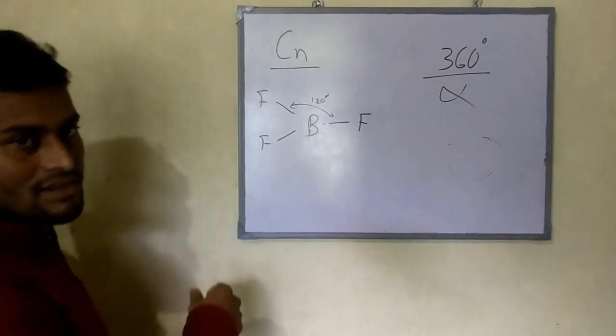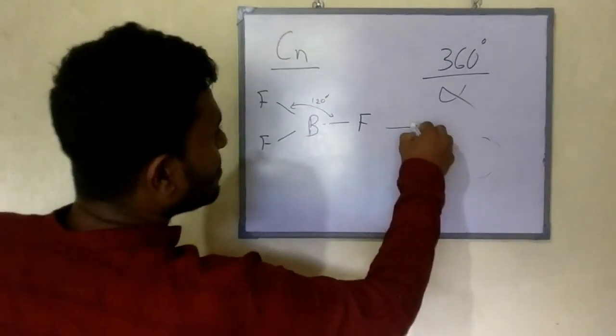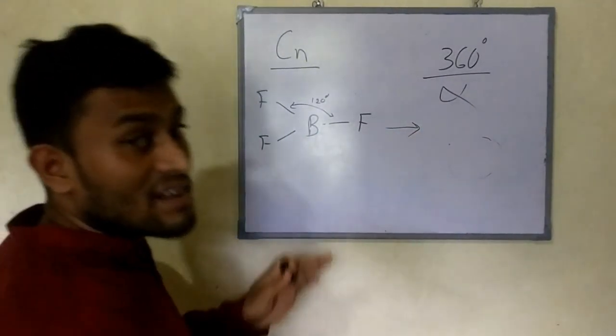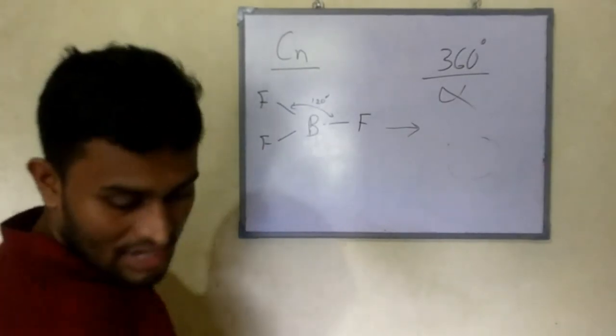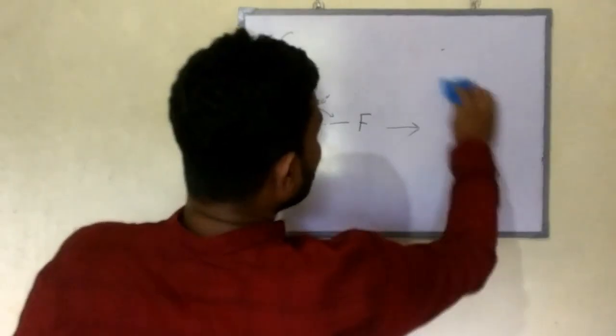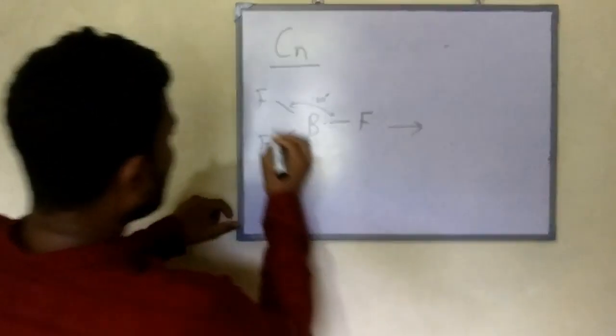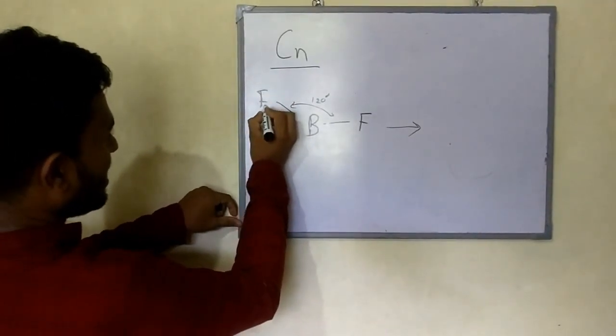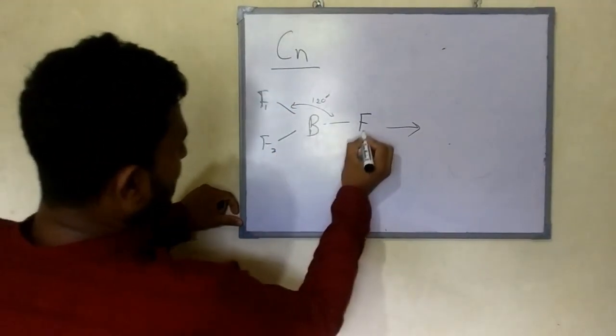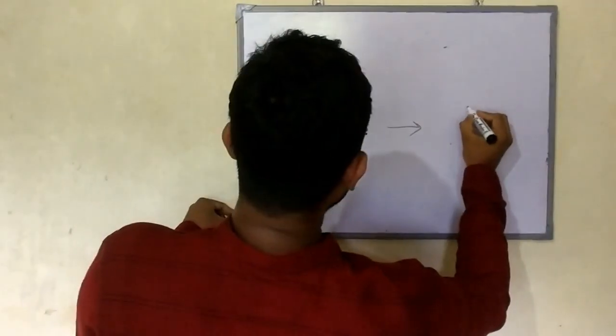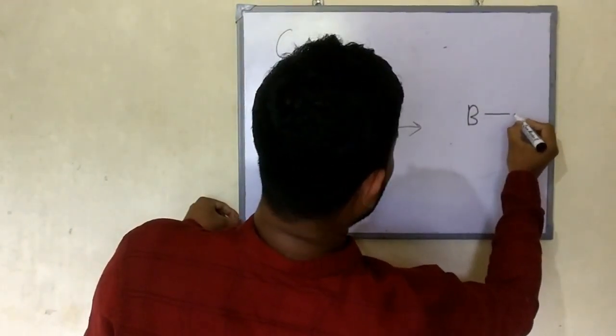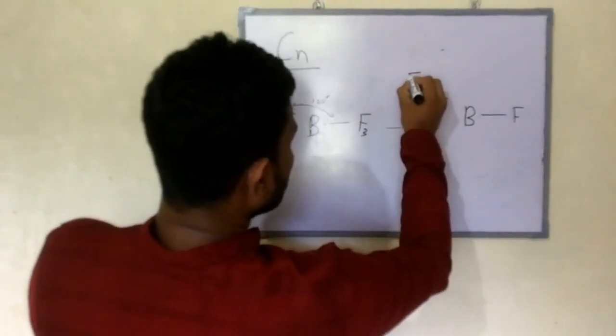That is the rotation, and the resultant molecule is indistinguishable from the original. If we name these atoms 1, 2 and 3, then the resultant one will be like this.